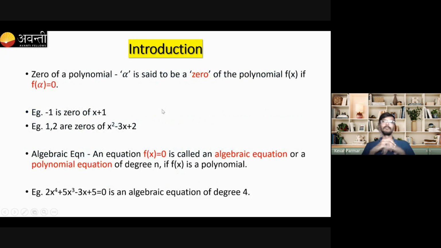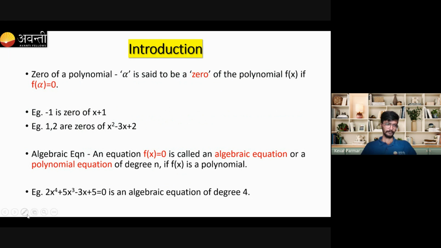Zero of a polynomial. Now, a polynomial, let's say f of alpha. Now we are all familiar with functions. That's why I can easily say f of x is a polynomial. Then, zeros of a polynomial are the numbers which, when substituted in the expression, give the value 0.